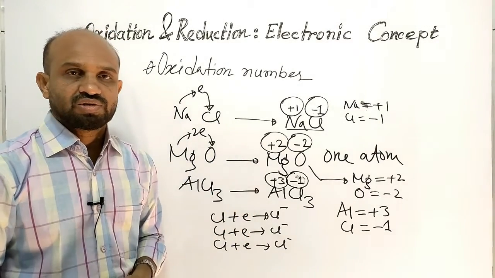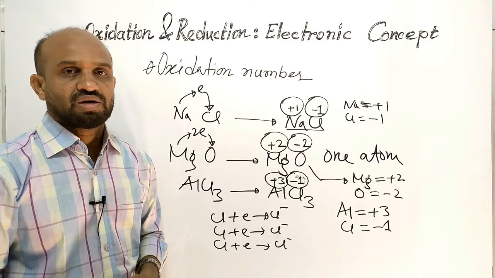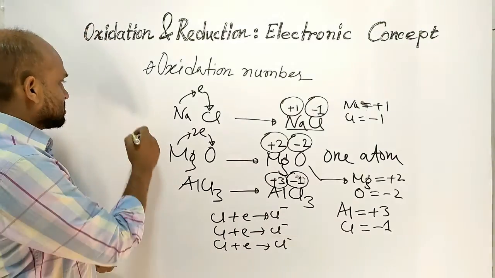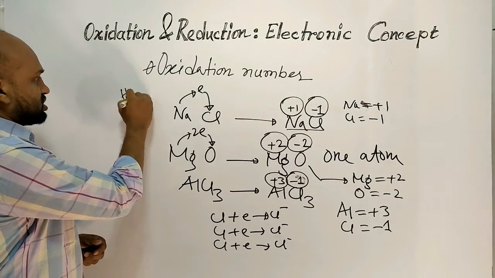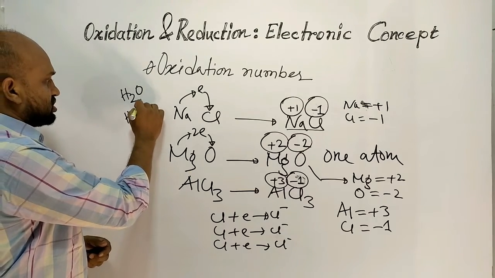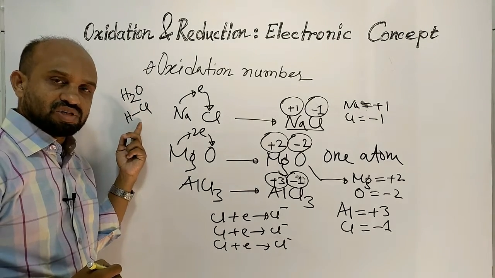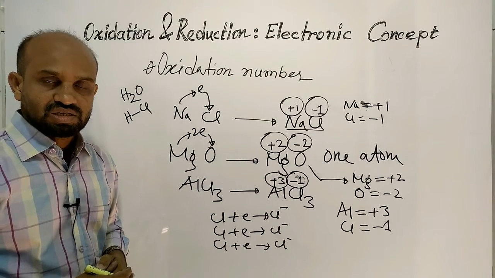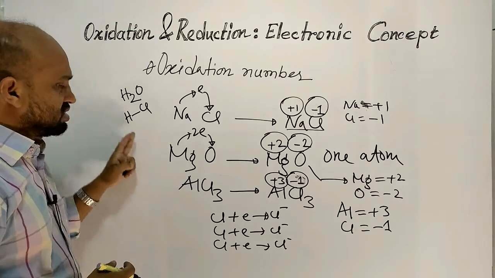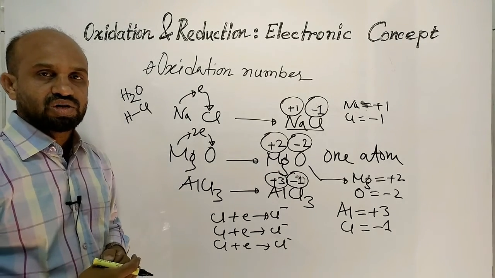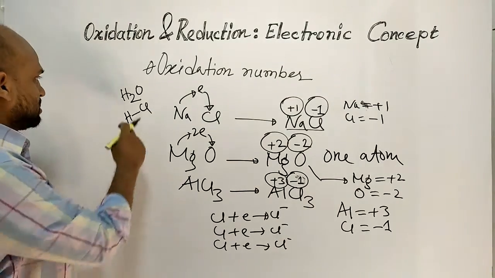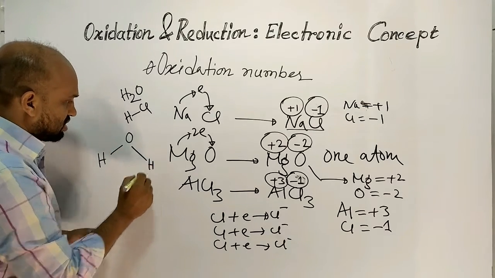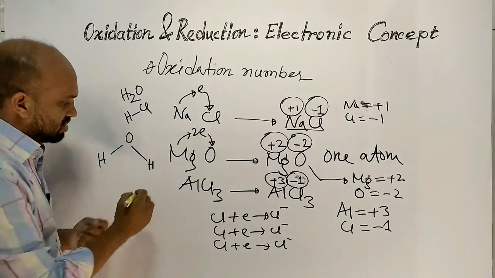So in these compounds, donation of electrons and acceptance of electrons occur. But there are some compounds like water and hydrogen chloride. These compounds are covalent compounds. No donation or acceptance occurs. So in this case, oxidation number is considered in this way. Here oxygen is a more electronegative element than hydrogen.